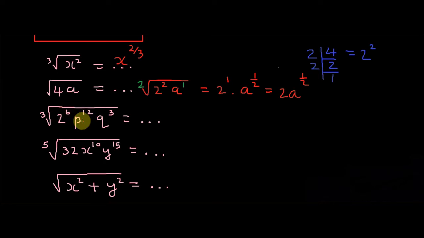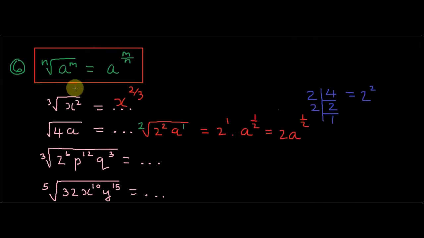Here we're first going to write this as an exponent. We're going to divide each of the powers here by the 3 using this rule. Remember, this rule says the nth root of a to the m is a to the m over n.